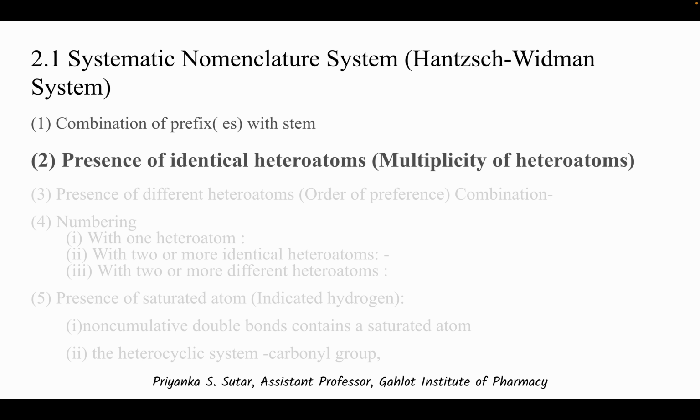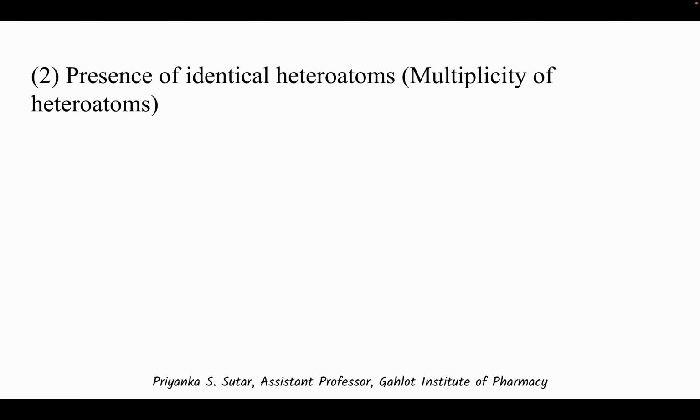What if there are multiple heteroatoms, like 2 or 3 heteroatoms present in the same ring? How can you write the name? Rule number 1 does not specify how you can write the name of a heterocycle if there are 2 or 3 heteroatoms. So rule number 2 is for heterocycles which contain multiple heteroatoms.